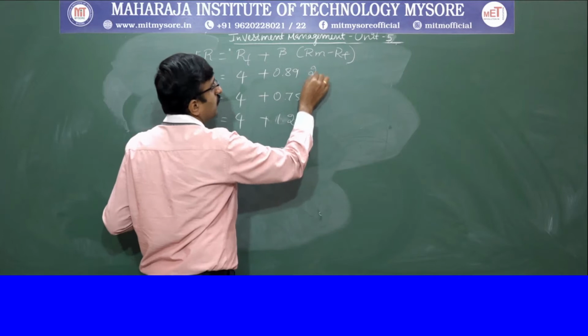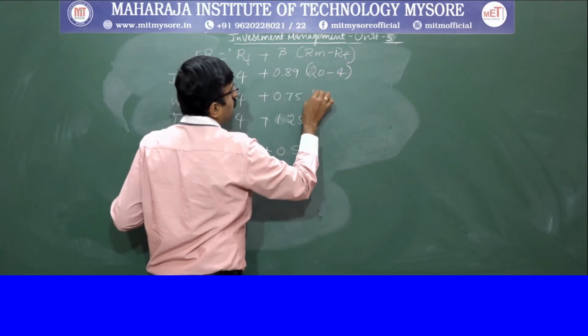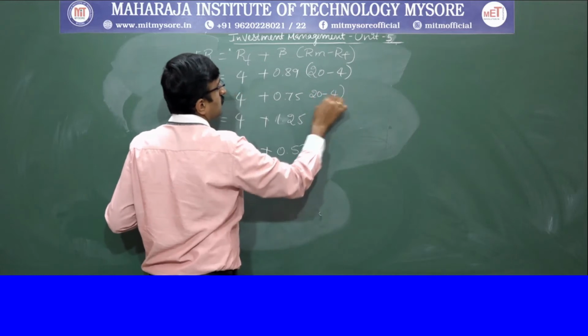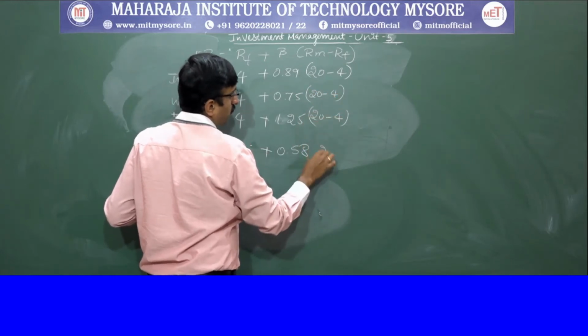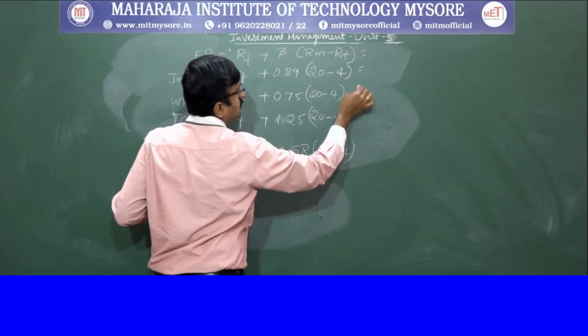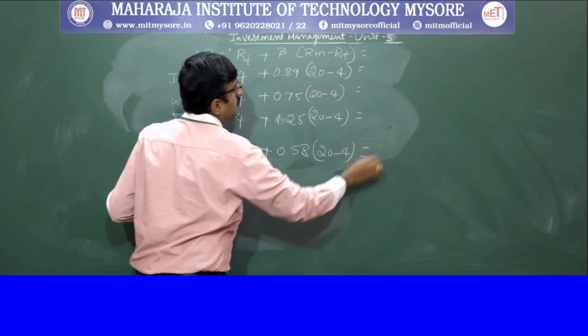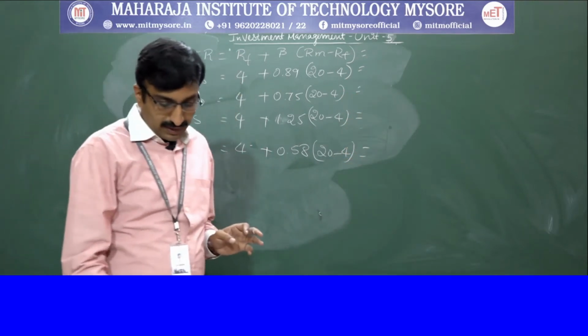Then RM is 20, so 20 minus 4, it is common. It is very simple. Please calculate in your calculator.